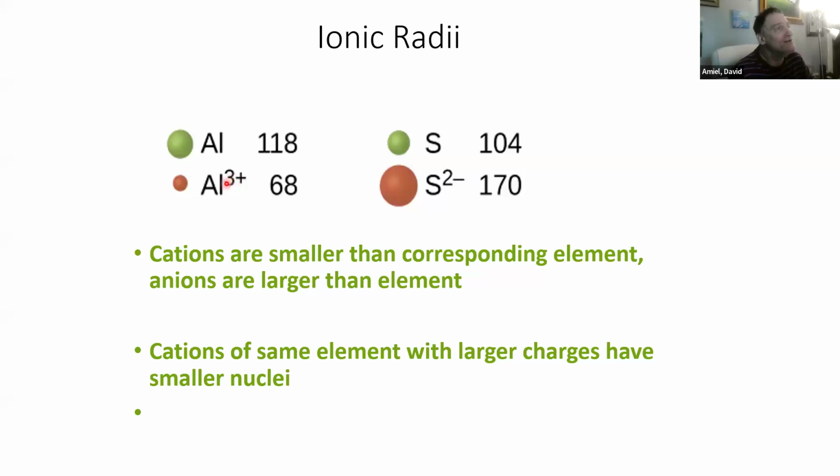In other words, aluminum ion is smaller than an aluminum atom. Does everyone see that? But if you look at sulfur, an anion is larger than the atom. So that's the trend. Cations are smaller than the corresponding element. Anions are larger than the corresponding element. Another periodic trend.